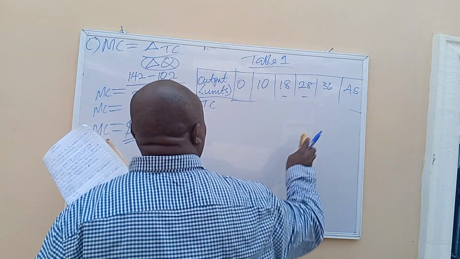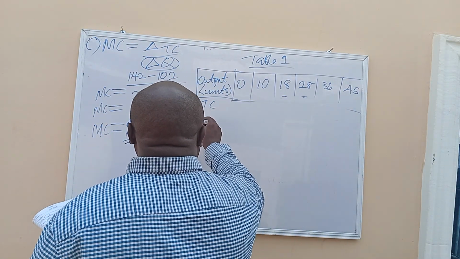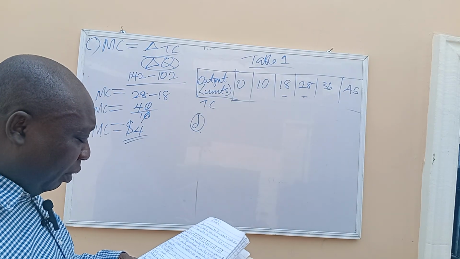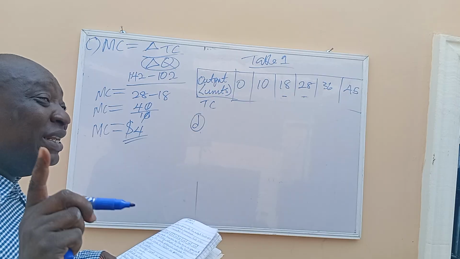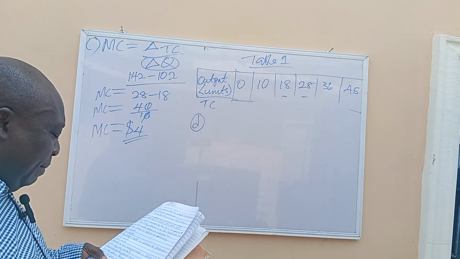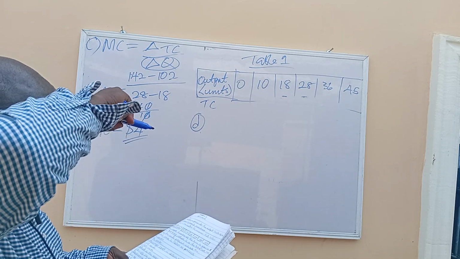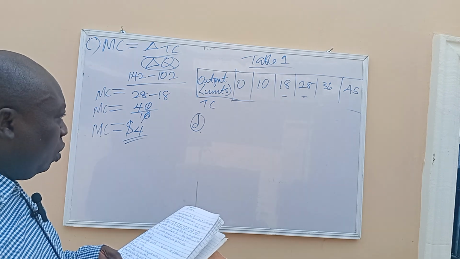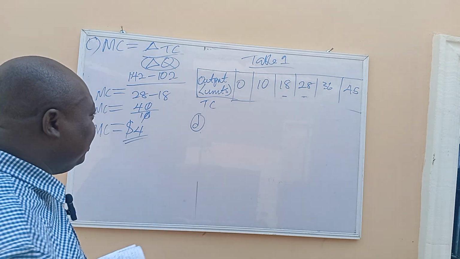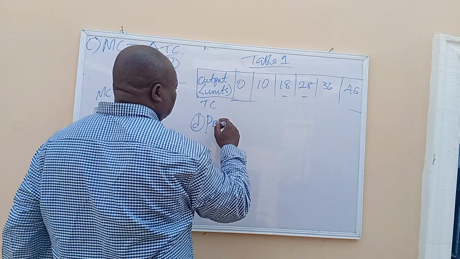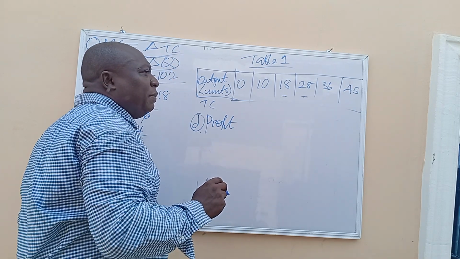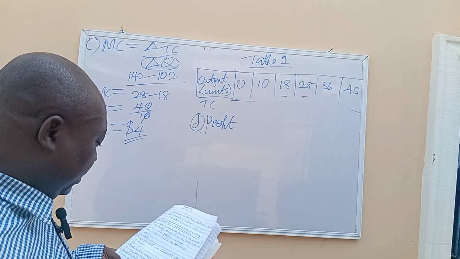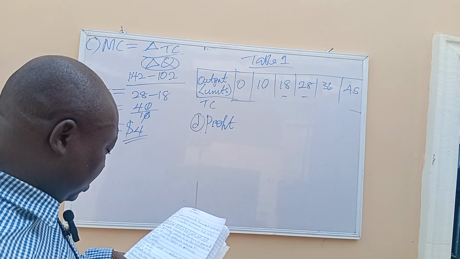Okay, let me not clean, I shouldn't have cleaned that. D, determine the profit made from producing 45 units when the market price is fixed at $5 per unit. Okay, we are to determine the profit made from producing 45 units.